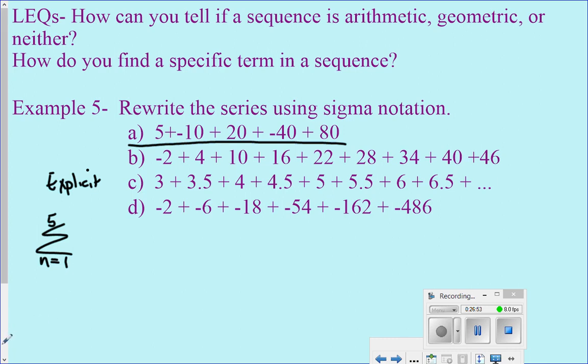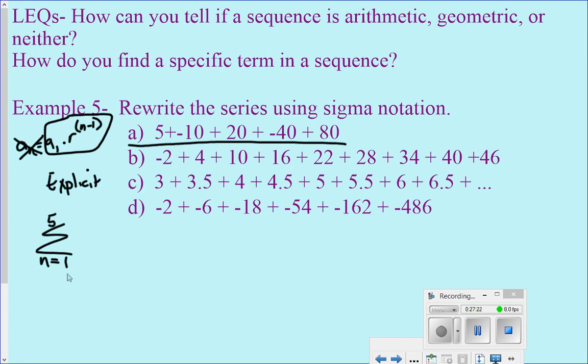So when I see 5, negative 10, 20, negative 40, I'm seeing this as a geometric sequence, and the r value is negative 2. And I know that the explicit formula for a geometric sequence is a sub n equal to a sub 1 times r raised to the n minus 1 power. Again, we're not going to include the a sub n equals part, but we are going to include the a sub 1 times r to the n minus 1.